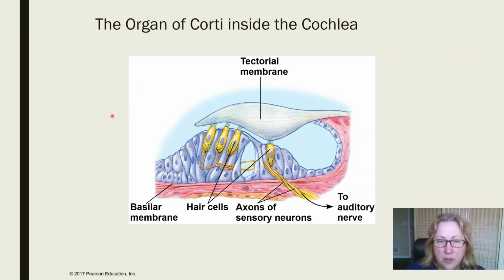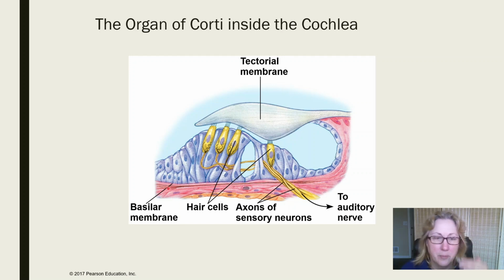So if we take a closer look now at the organ of Corti, this is where the hearing actually occurs. And also if you damage your hearing with loud noise, this is where the damage occurs as well. So the basilar membrane here is going to get deformed by fluid pressure waves in the fluid that's being vibrated by the stapes hitting the oval window.